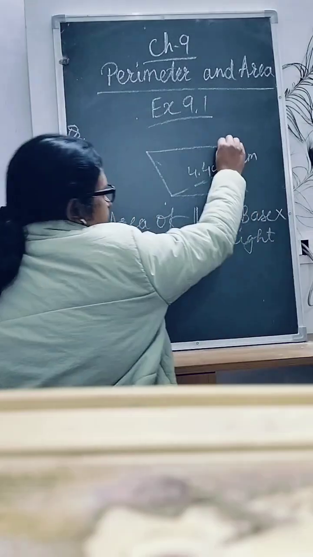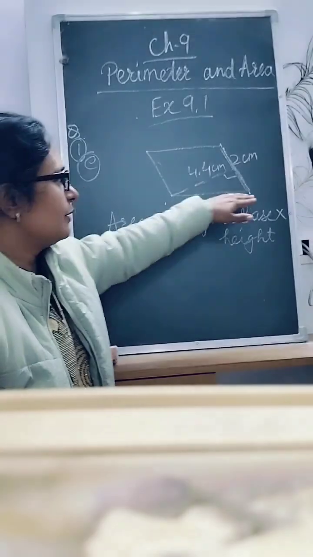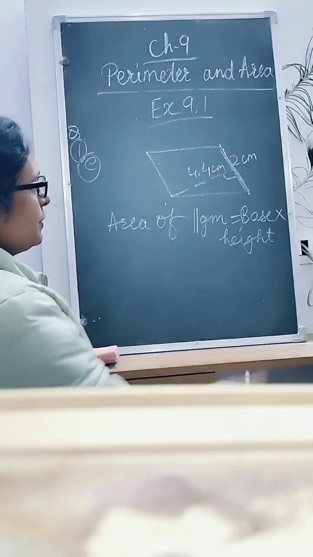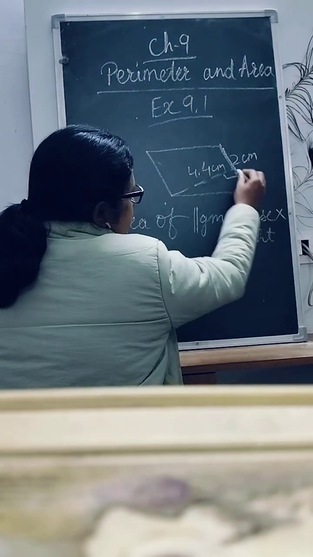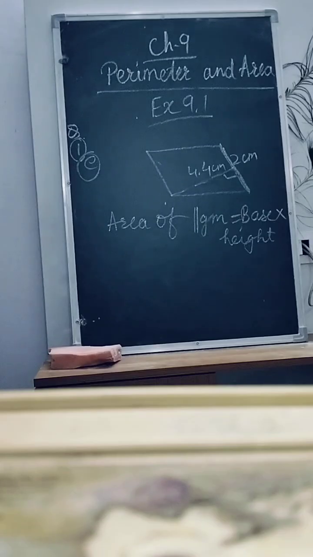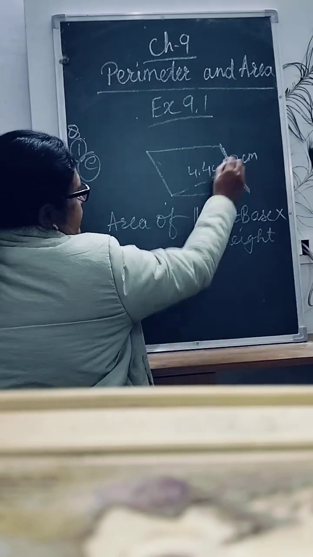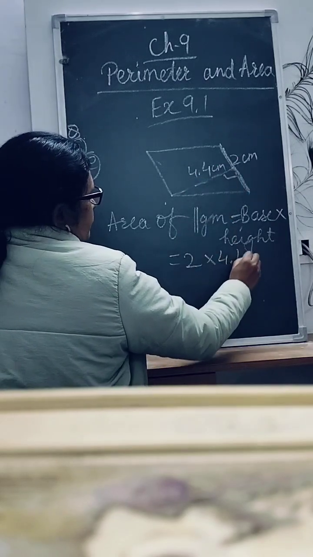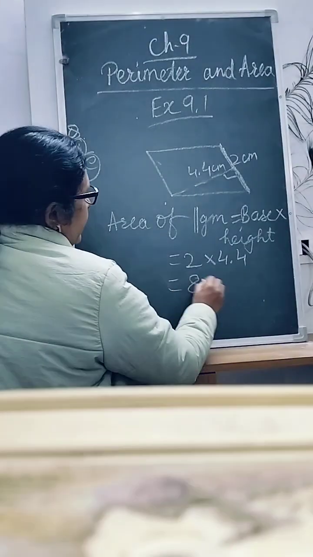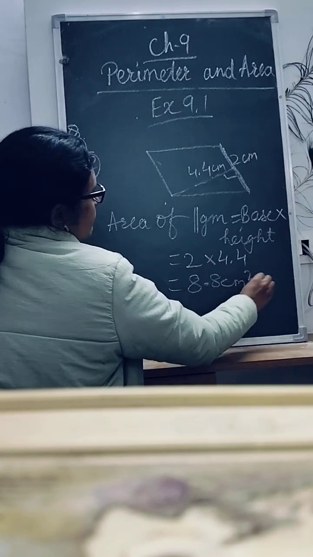Here, it is not necessary that only the lower part is your base. Now you assume that 2 is the base and the height on it, at 90 degree, is 4.4. So 2 is base and 4.4 is height. When you multiply, you get 8.8 centimeter square.